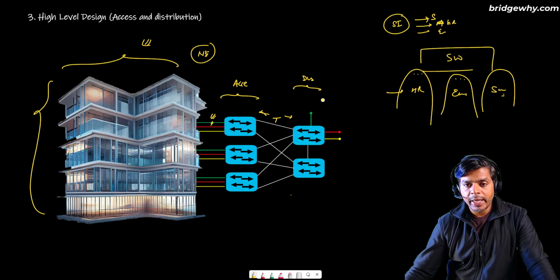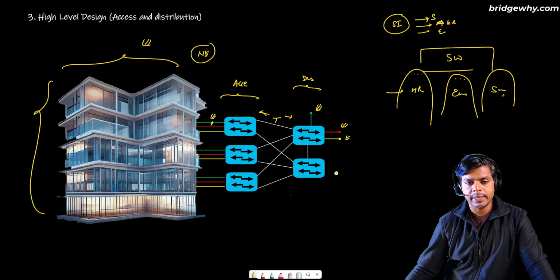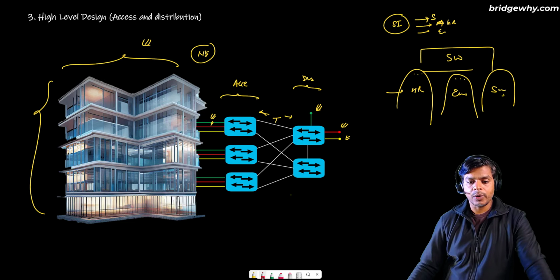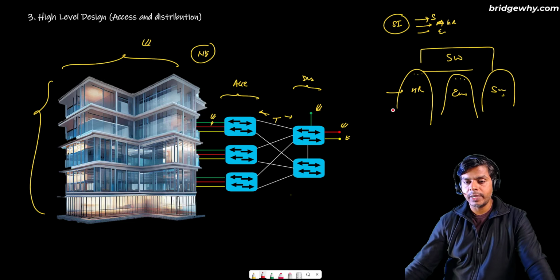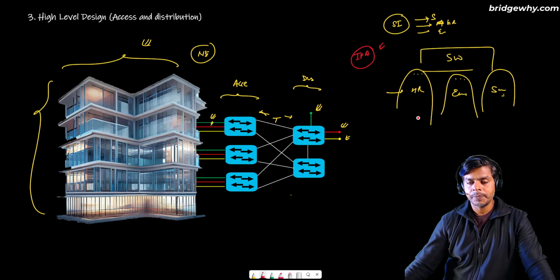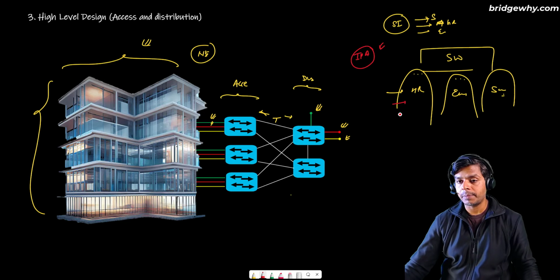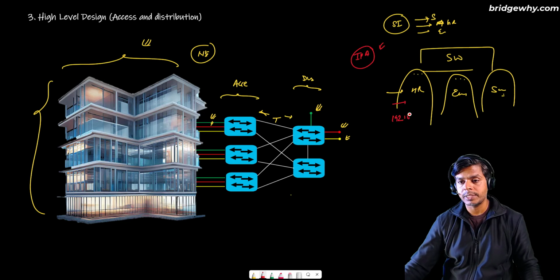Now, why do we have these strange looking things, right? We all know that when we have different VLANs, we need to have IP addressing for those VLANs also. If we talk about IP addressing, maybe I can give this HR a subnet, which is 192.168.10.0/24.